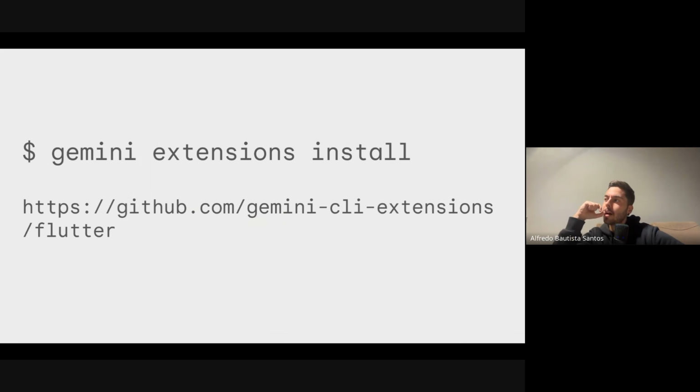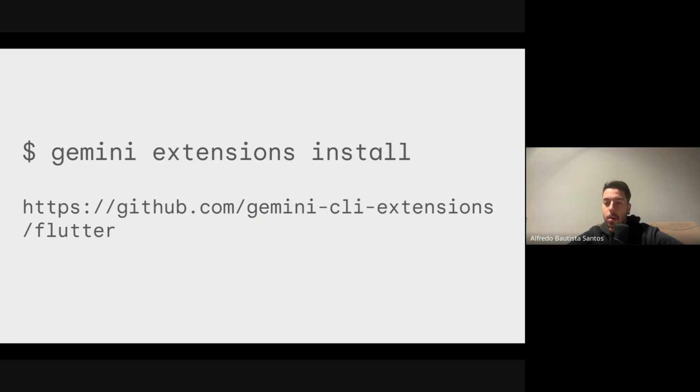For example, it will have instructions like don't use the build method, or create widgets as small as possible. By default, the AI is going to generate some nice code, but not the perfect one. With these instructions that the extension will install automatically for you, you will have better code than without the extension.